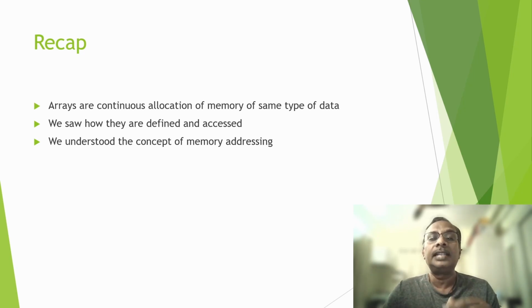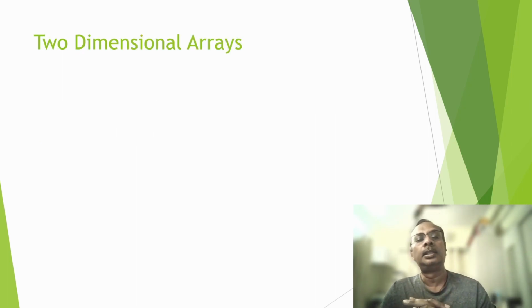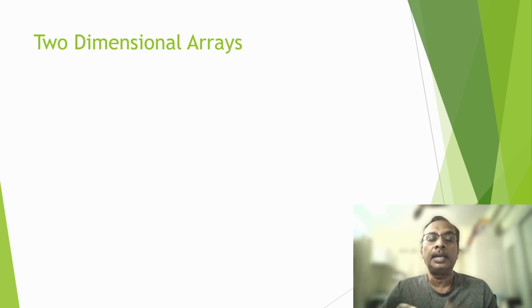Now let us see what are multi-dimensional arrays, or to start with, what are two-dimensional arrays. Two-dimensional arrays are nothing but an array of single dimensional arrays. Again, everything is the same.